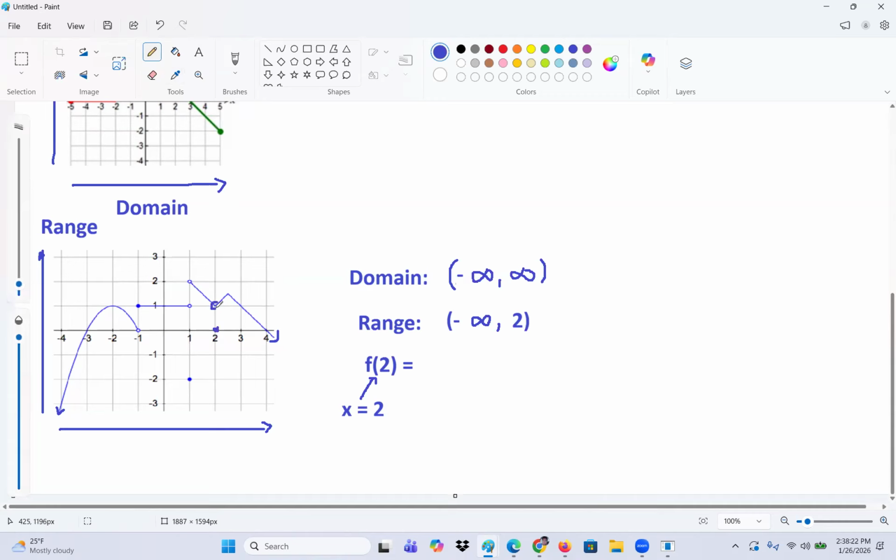The output is going to be the height on the y-axis. The input is going to be the length, and the output is going to be the height. So when x equals 2, y equals 1.